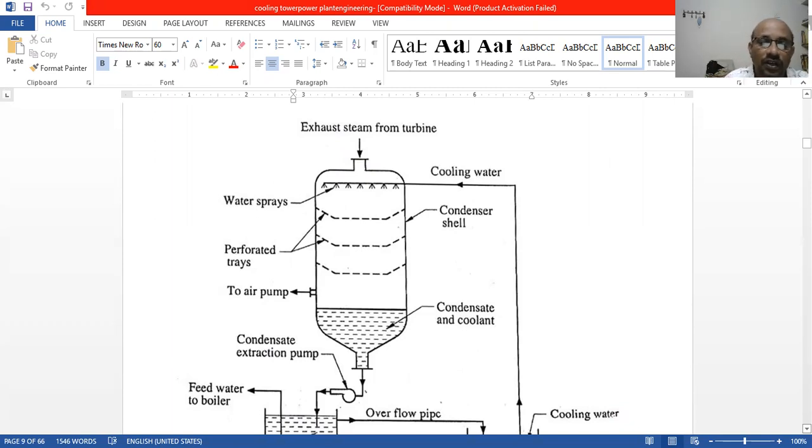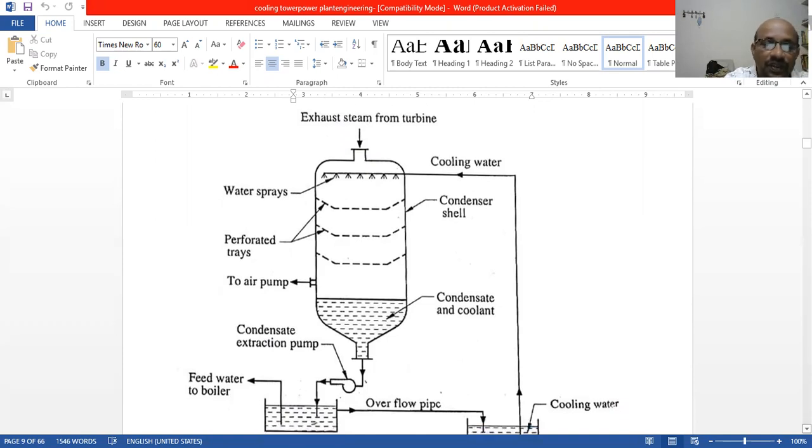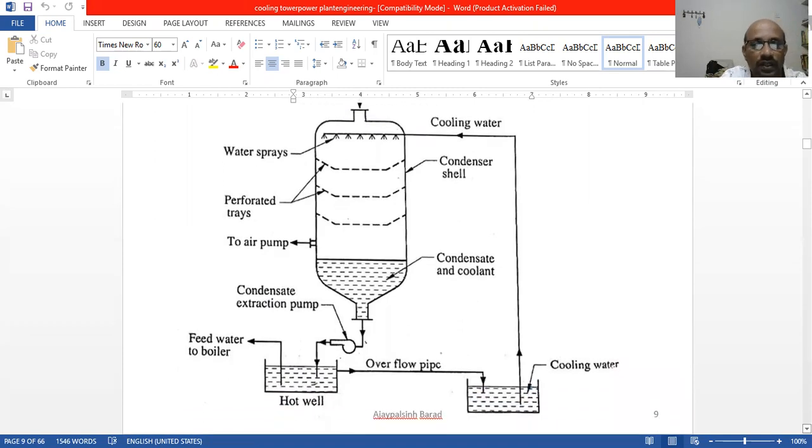In between, we are sending cooling water to the condenser shell. With the help of the cooling water, there are nozzles, and we are spraying through those nozzles.